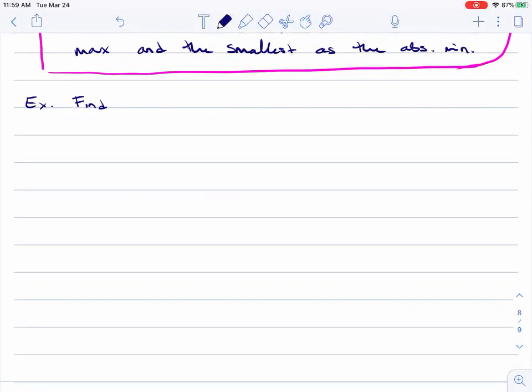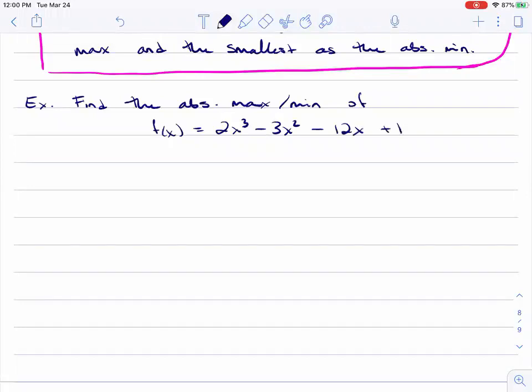Find the absolute max and min of the function f of x is 2x^3 - 3x^2 - 12x + 1 on the interval [-2, 3], and it's a closed interval.